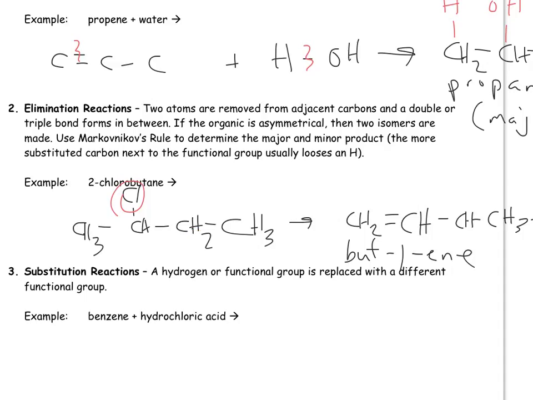Remember, if you have less H's, your carbon is more reactive. So this carbon here is going to be more substituted, and most of the time we're going to get the double bond formed in the second position.